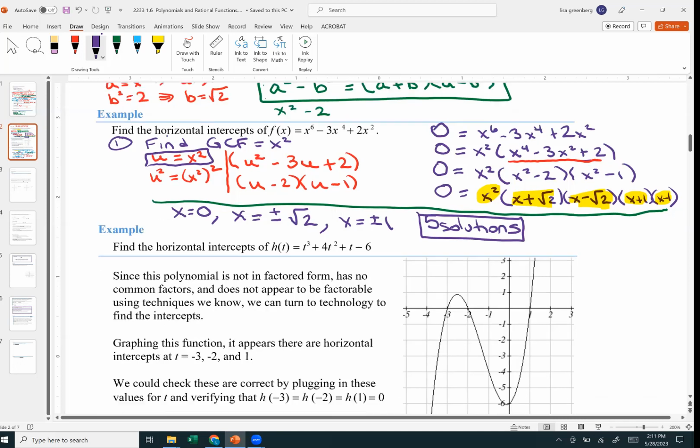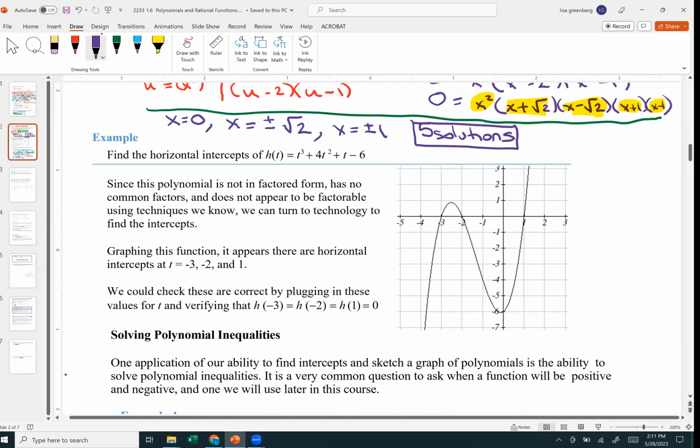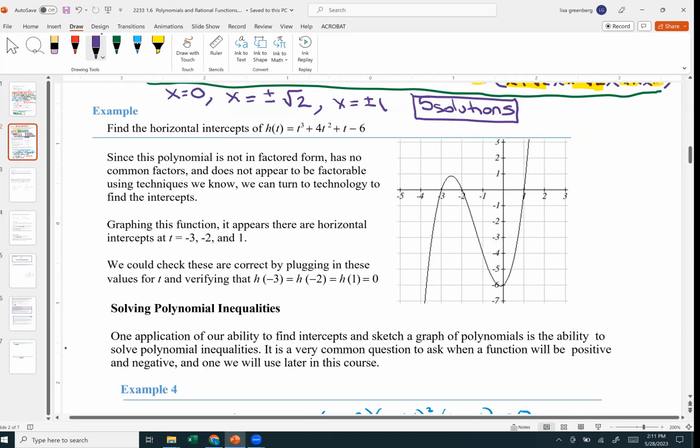All right. Now, for this next question, we have H of t equals t cubed plus 4t squared plus t minus 6. I can tell you right away, this is not factorable. The only technique that we have to factor this is factor by grouping, and I promise you it will not work.